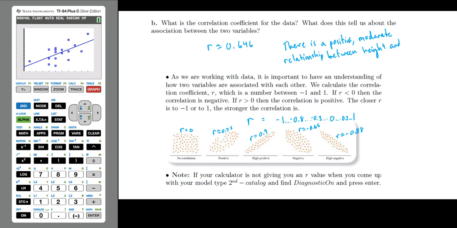Of course, people who are taller are going to weigh a little bit more. Height has a lot to do with it, but there's a lot of other factors that affect our weight as well, like what kind of exercise we do. So it makes sense that height is a pretty decent predictor of weight, but it's not perfect.